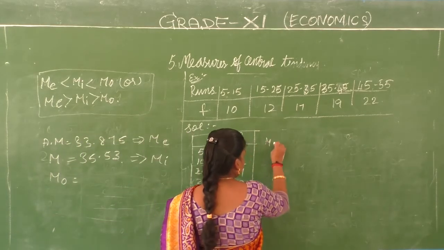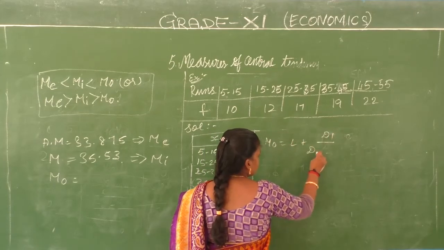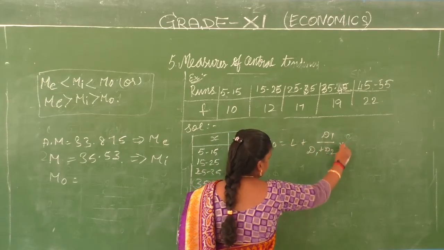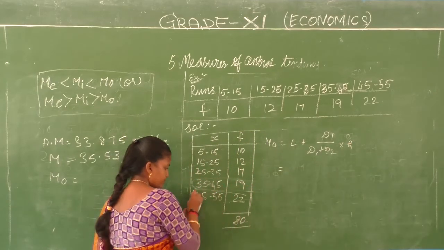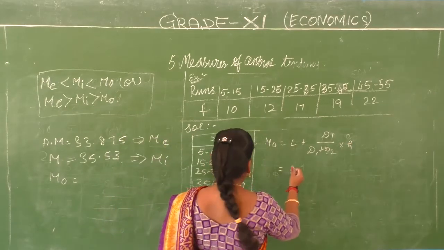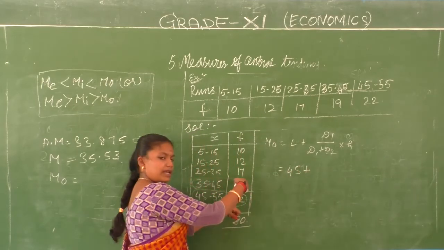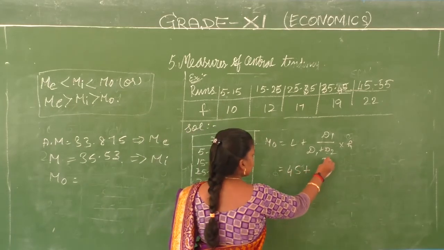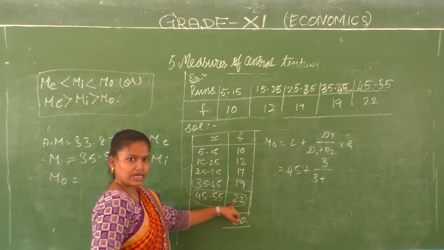What is your mode's formula? L plus (D1 by D1 plus D2) into H. You know your lower class limit, 45, plus what is your D1? 22 minus 19 is 3, by 3 plus. Do you have a succeeding class?